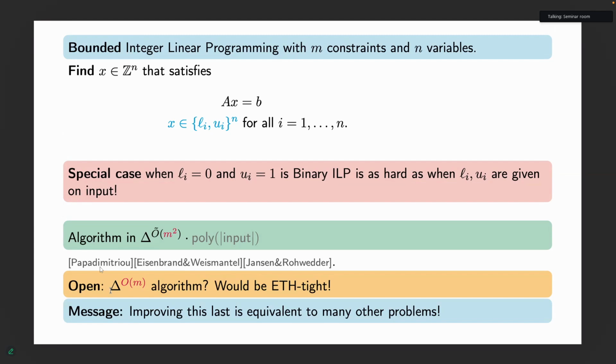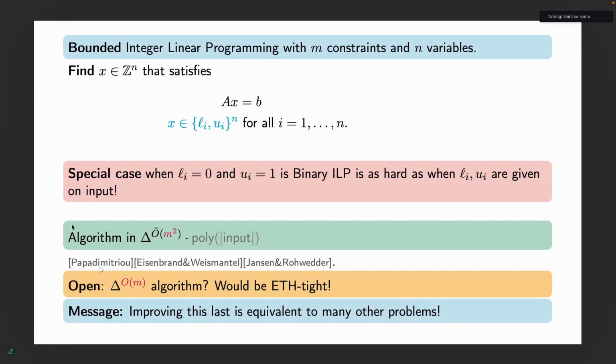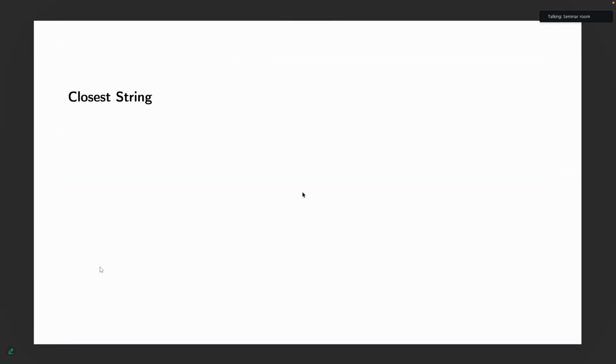But what we have managed to prove is a bunch of problems that are equivalent to this problem. That's what I'm mostly doing in my life, finding equivalent problems. Binary ILP and bounded ILP are equivalent, and binary ILP is also equivalent to other problems.